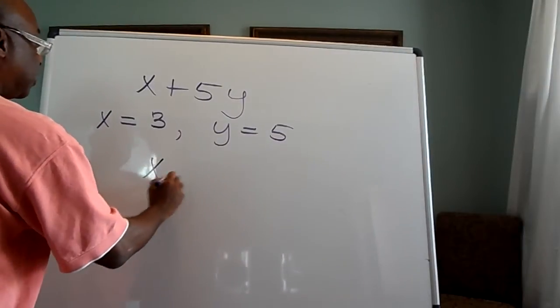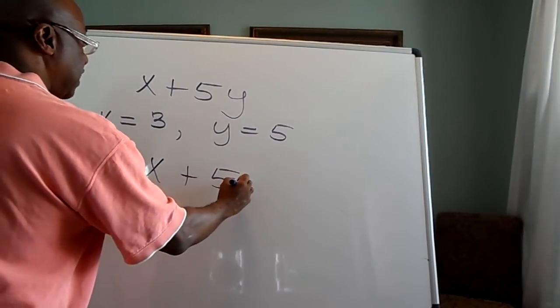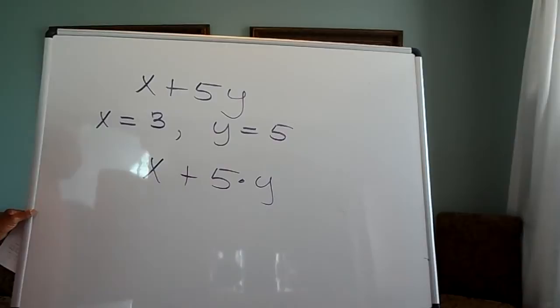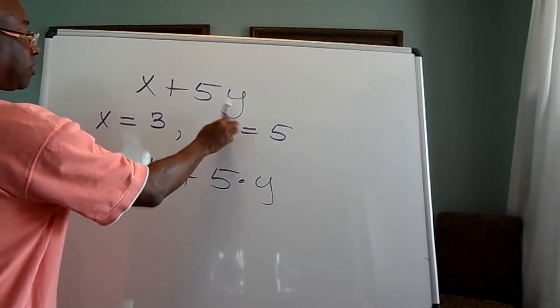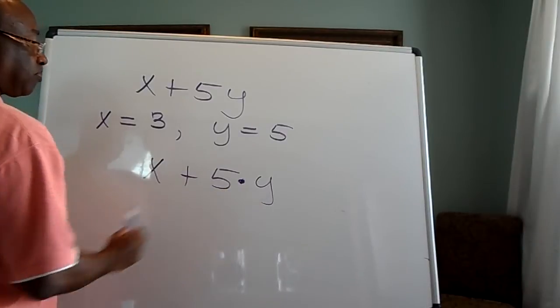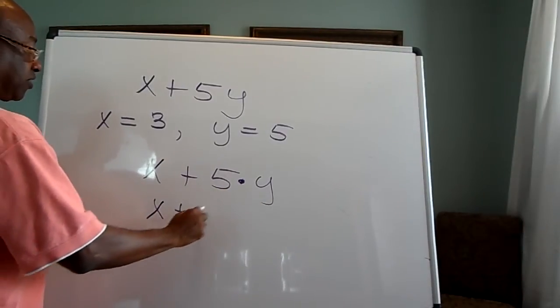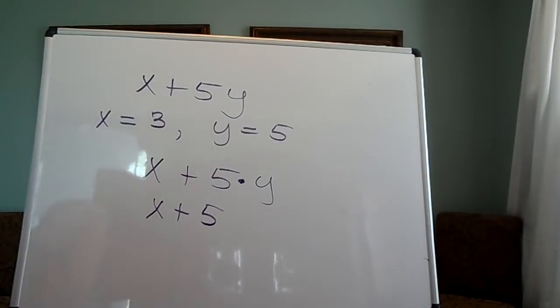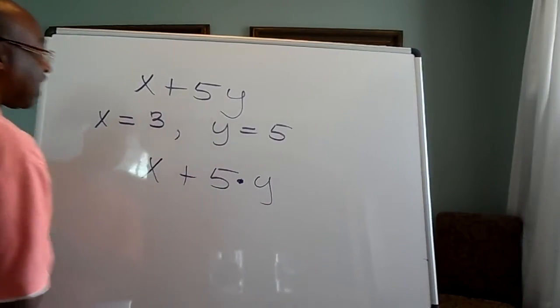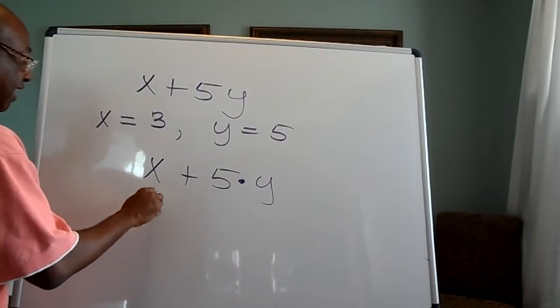Now the key to this problem is to understand what 5y means. 5y means 5 times y. Anytime you see a letter and a number together with nothing between them, it's multiplication. Do the substitution. That is to replace x with 3 and y with 5.